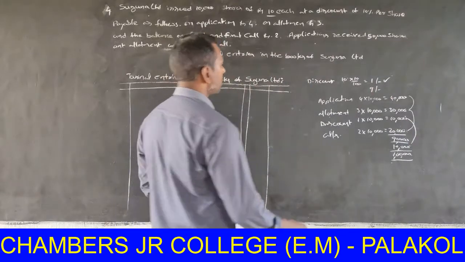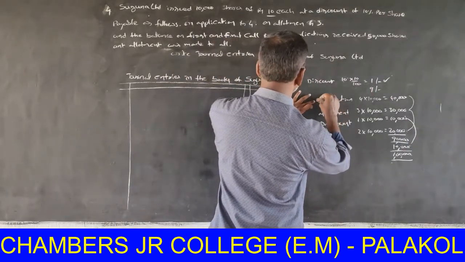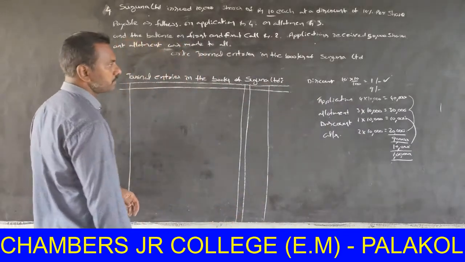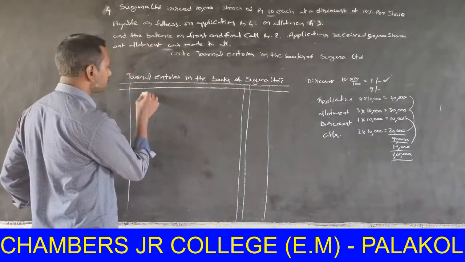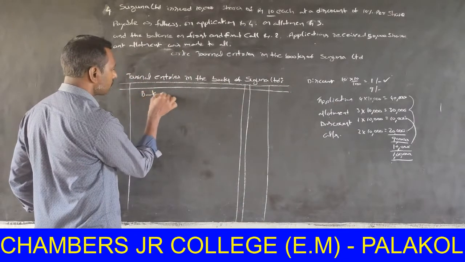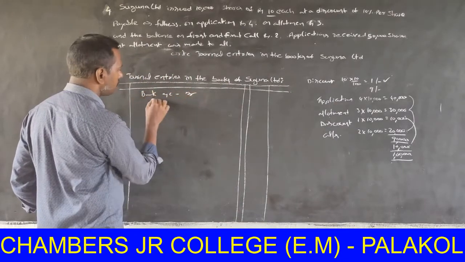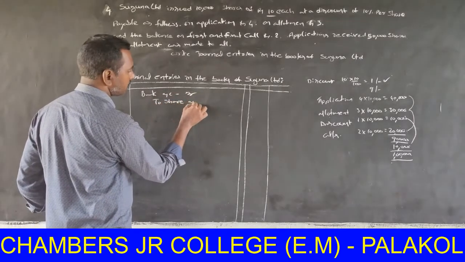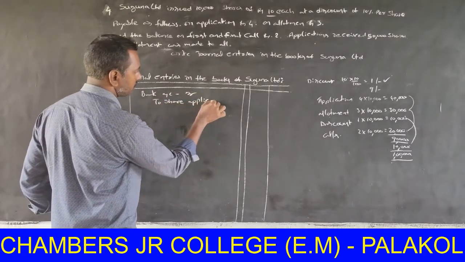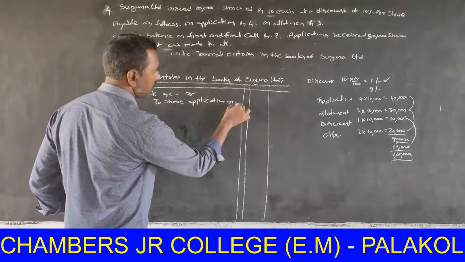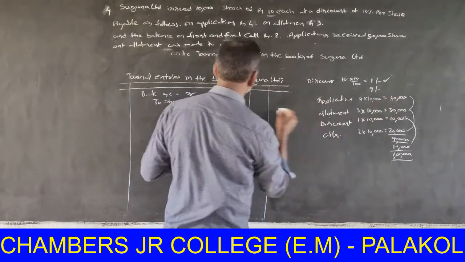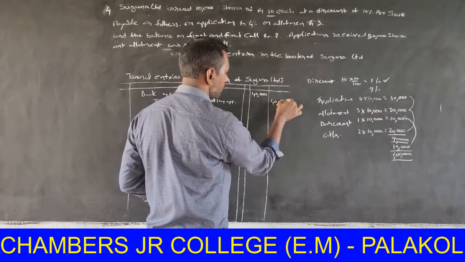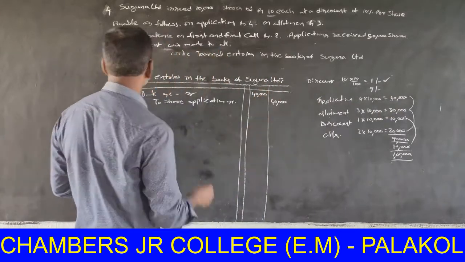First of all, write the journal entry for application. For collection of application, the journal entry is bank account debit to share application account. Share application account, the money is 40,000. Here also 40,000 in debit and credit.